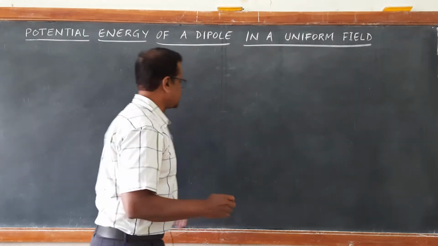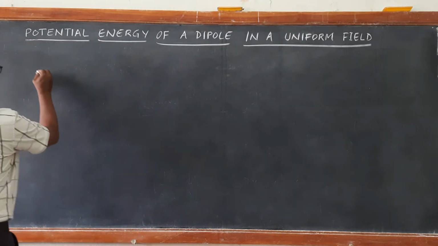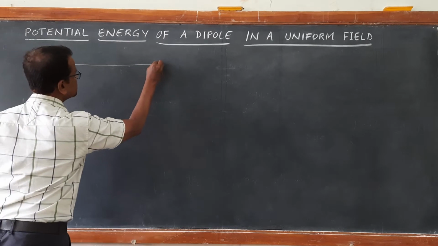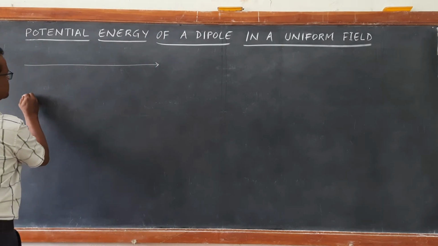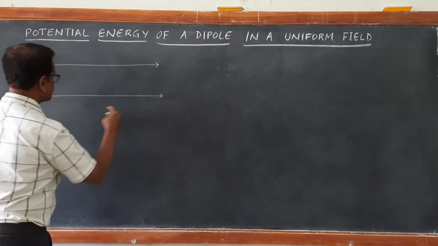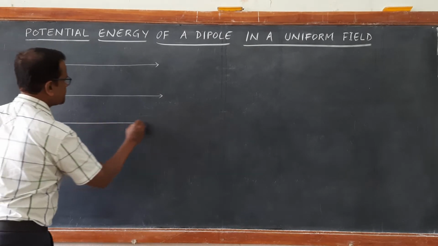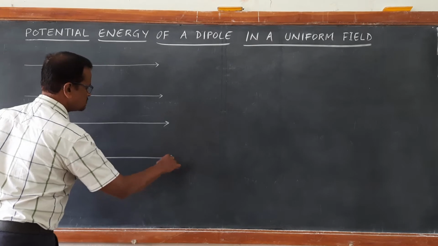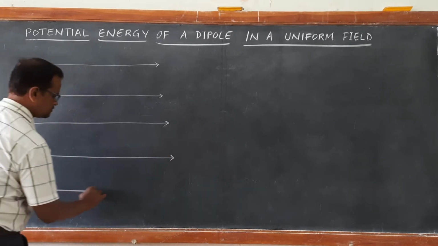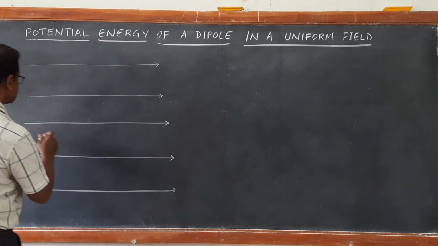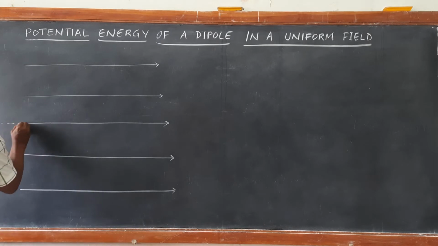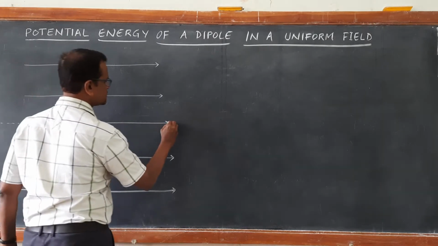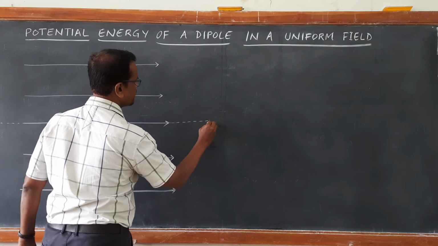So, let us draw first the uniform electric field. Uniform electric field is represented by parallel field lines. So, these parallel field lines, let us say that the uniform electric field is acting along the x-axis.